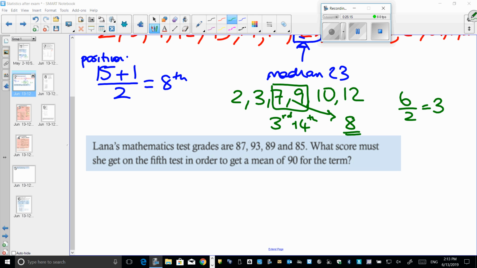Alright, last one. Lana's mathematics test grades are 87, 93, 89, and 85. These are very, very common type questions.